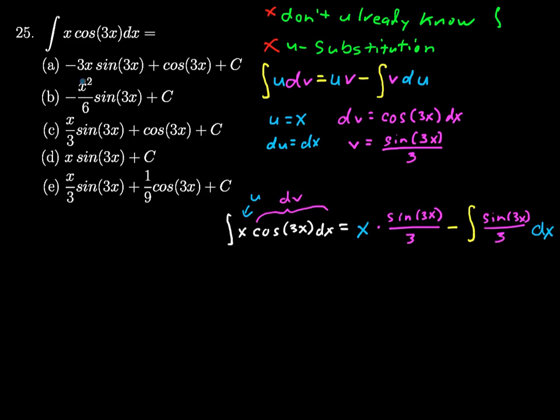I might need to do some cleaning up to make it look like these answers, but if I multiply those through, I'll get that this is then equal to x sine of 3x over 3 minus, and this is kind of ugly, we could take the derivative straight away, but I always like pulling out constants to make my life easier, so I have this 1 over 3 term, so I'll take that out, 1/3 times the integral of sine of 3x dx. I'm running out of room over here.